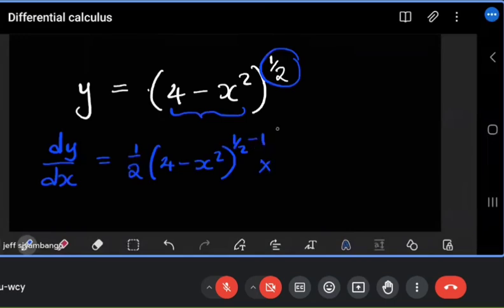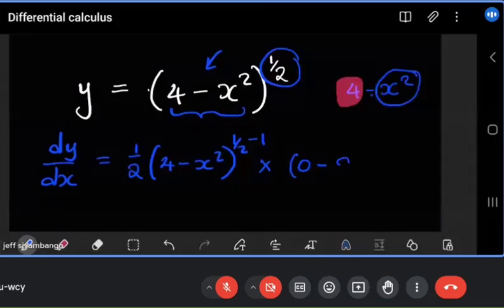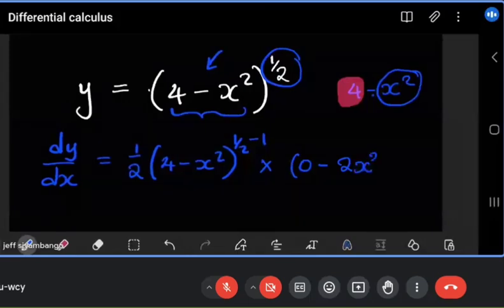Now differentiate what is inside. So now we're just differentiating 4 minus x squared. First, differentiate 4. That will be 0. Then the sign in the middle is a minus. Now differentiate x squared. The 2 comes down, the x comes here, then reduce the power of the x by 1.